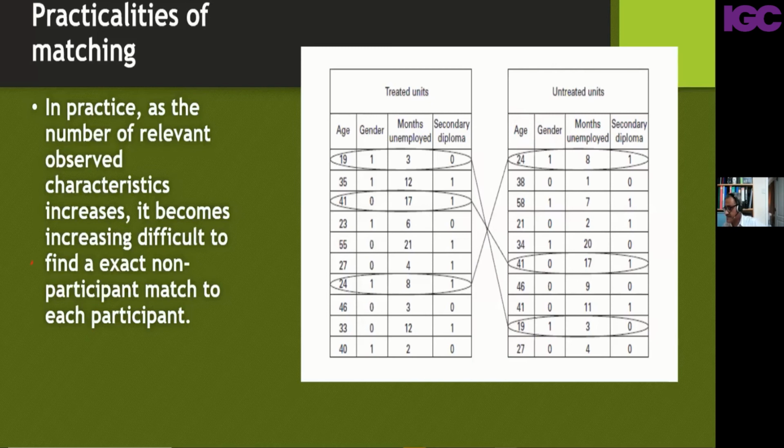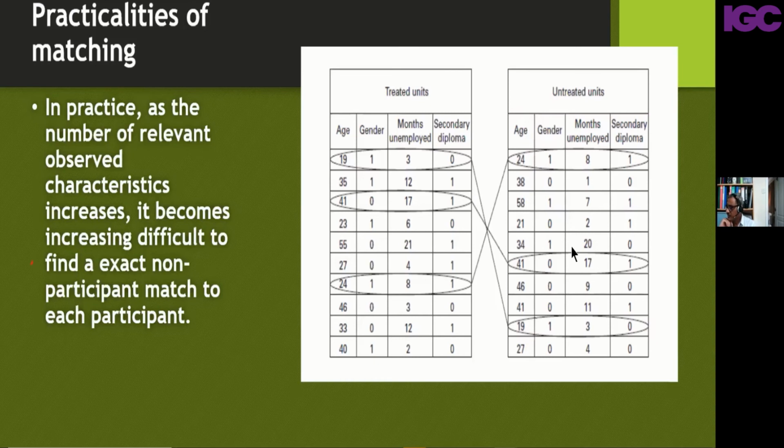So in practice, as the number of relevant observed characteristics keeps on increasing, it becomes increasingly difficult to find a non-participant who is an exact match to the participant. So you can apply this strict exact matching only in a very limited number of cases. And you may not find an exact match for each participant in the treated group, in the untreated group.